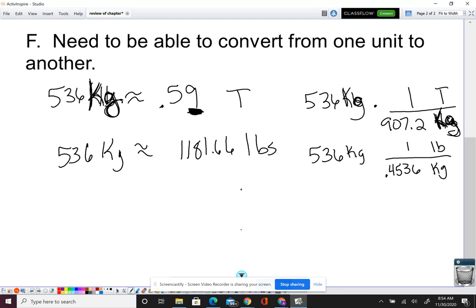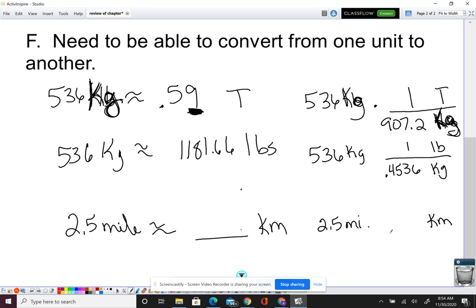How about 2.5 miles is approximately how many kilometers? I think this is more of what you were looking for. So 2.5 miles times, and we're going to kilometers.